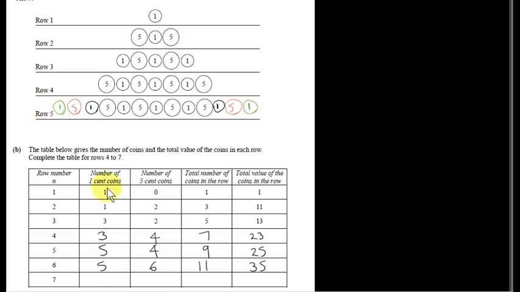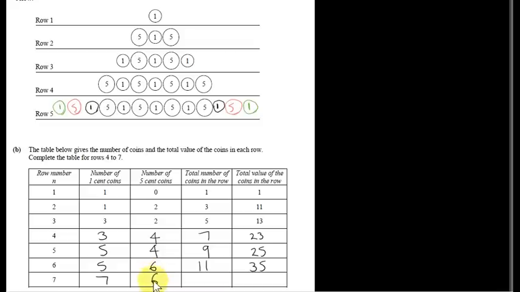So the number of 1 cent coins in row 7 is the number in row 5 plus 2. See this 1 and this 1 here, that gives us 7. The number of 5 cent coins in row 7 is the same as in row 6, no change, because to get row 7 we just added a 1 cent coin onto either side.